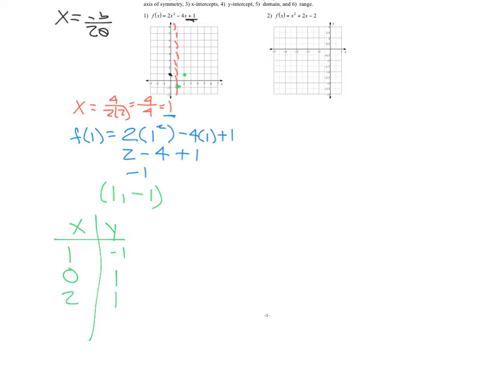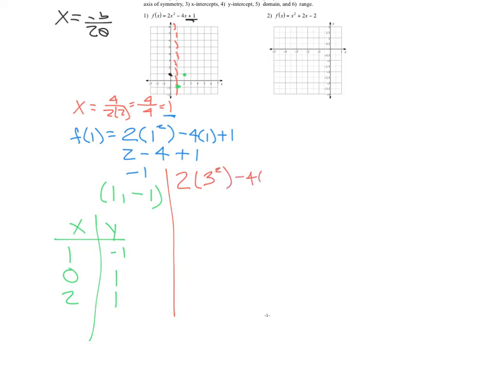So now I'm just going to pick a random number that looks like it's generally in the same area as our parabola. So I'm going to choose 3. So I'm going to plug in 3 into my equation wherever I see an x.